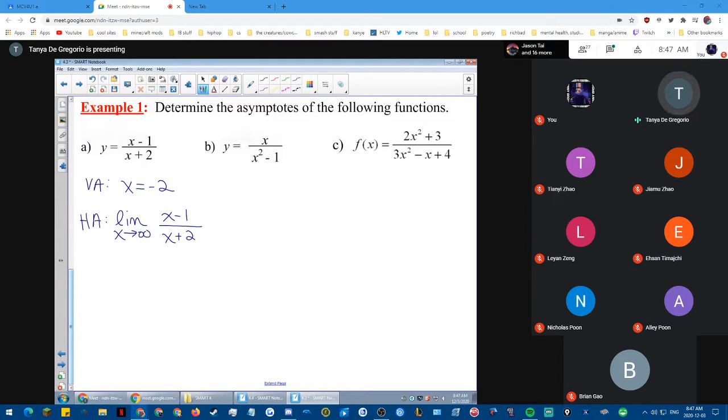So I'm going to divide every single term by x. Everything gets divided by x.